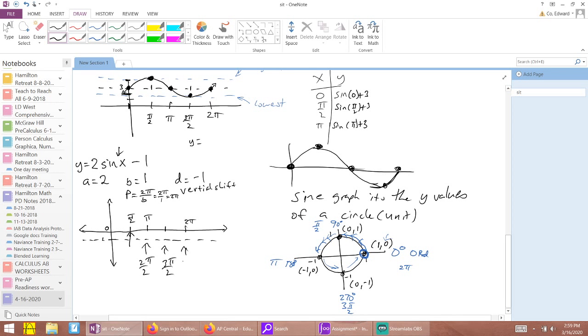And this one here is 4 pi over 2, which really is 2 pi. So I'll write 3 pi over 2.